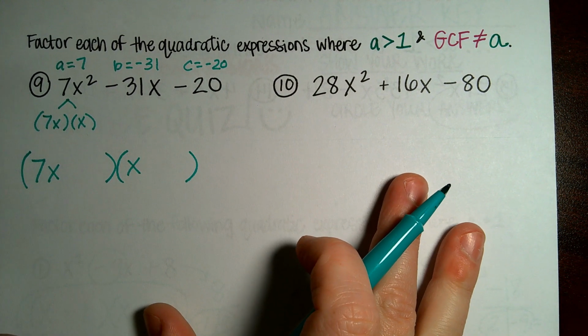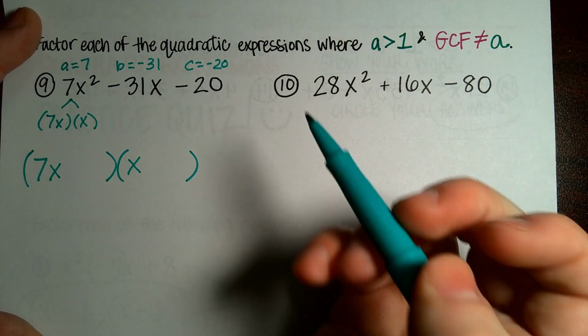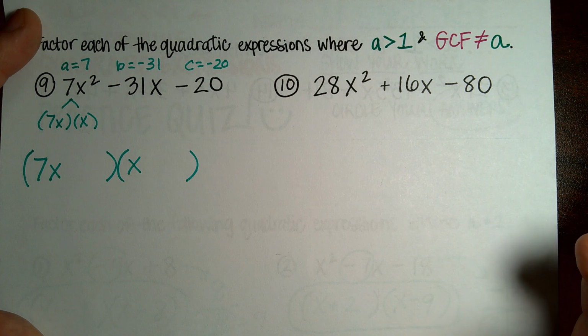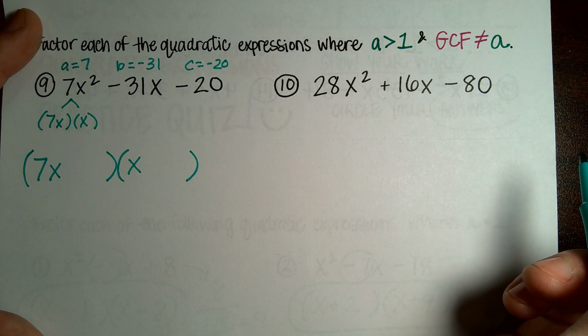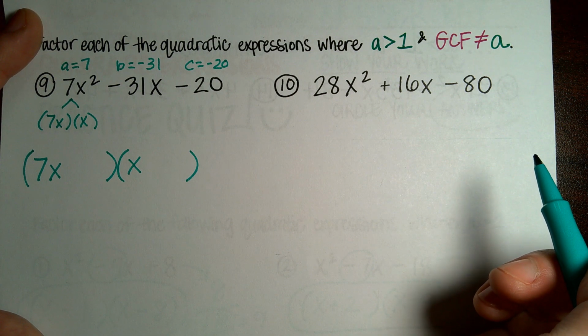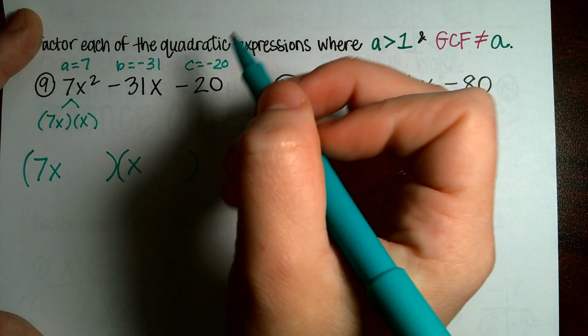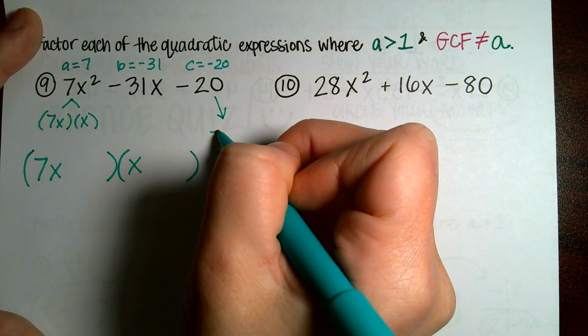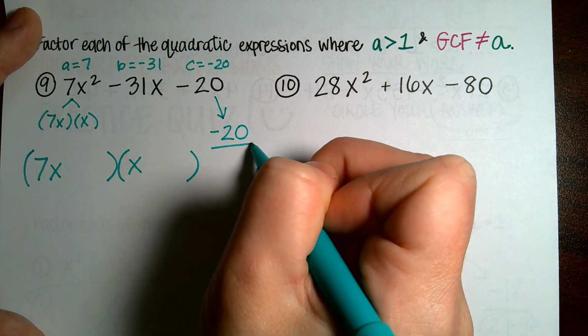Okay. So we've got our answer format. How am I going to figure out what numbers go in here? We're going to do just the exact same thing we always do. We're going to find the factors of C, or negative 20.